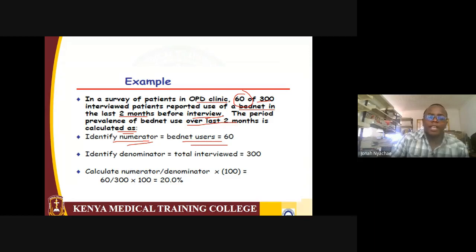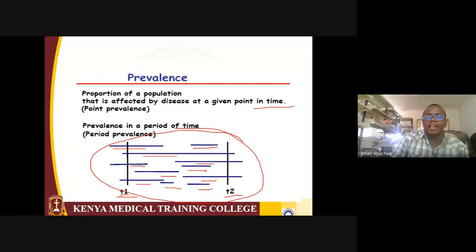And then you identify the denominator, who are the number who are interviewed, which is 300. So you calculate the numerator over the denominator, which, if you express it as a percentage, you multiply by 100, giving you 20%. So that is still prevalence. So you can be able to calculate that occurrence in a particular time.